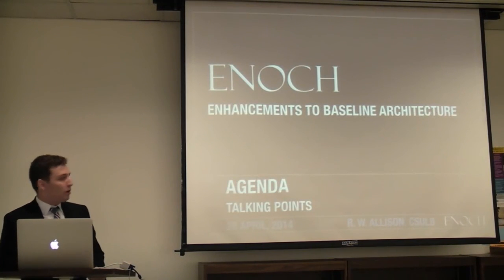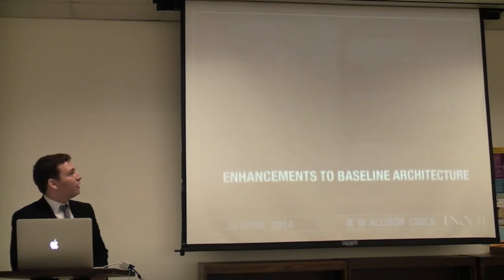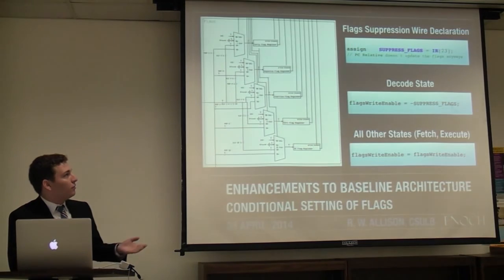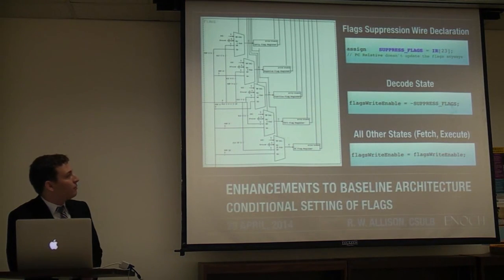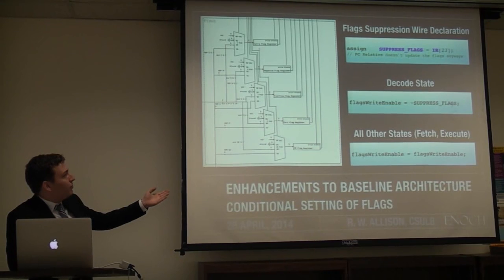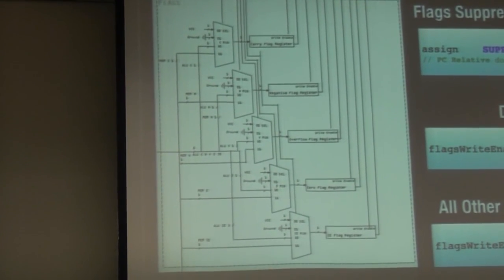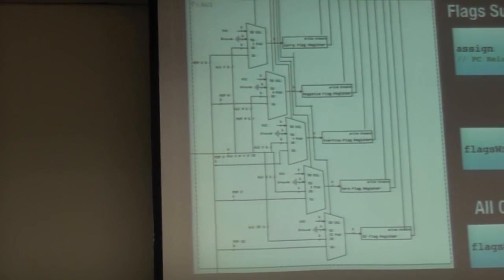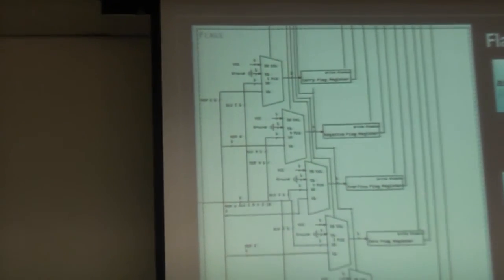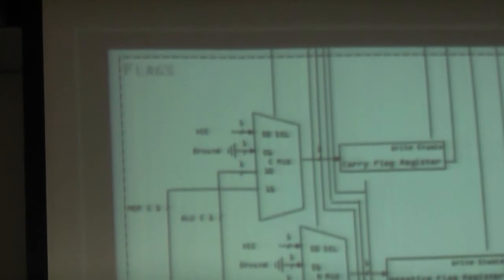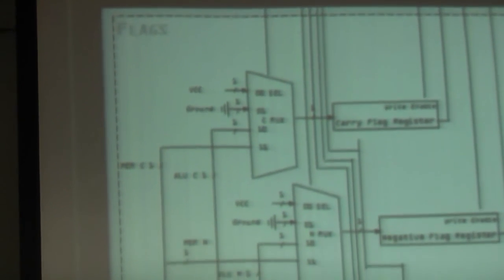So that goes into our enhancements. As I said, we have conditional setting of flags. So this is our flags module that we implemented. There are 4 inputs coming into the flags module, which select from various sources. And then on each actual register, there's a write enable.